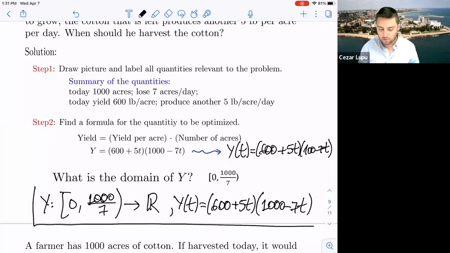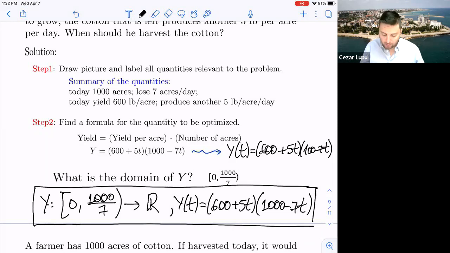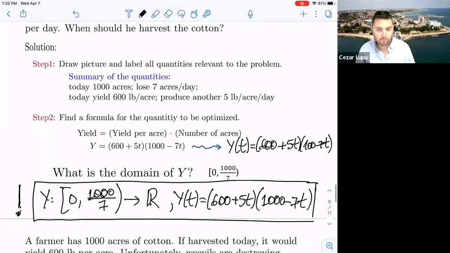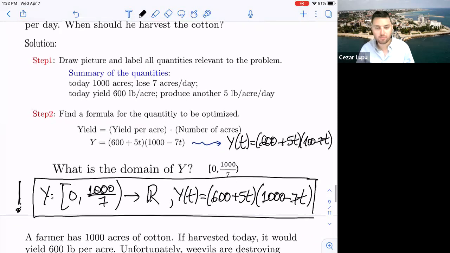So what we need to do is find the maximum of this function, right? So in other words, we need to take the derivative. As you can see, it's a product of 2 functions. So we need to apply the product rule.